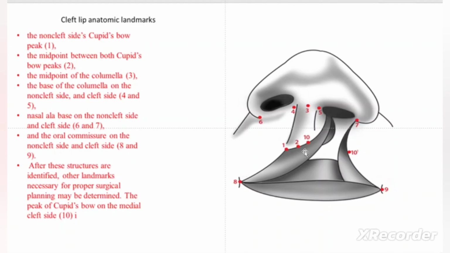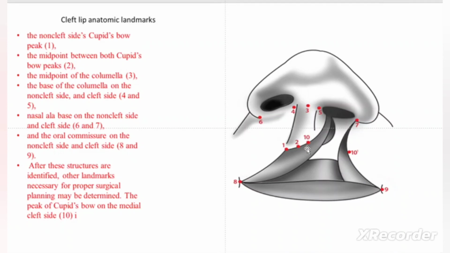The other point for marking 10 is where the vermilion and mucosa of the upper lip merge at one point on the cleft side. That also indicates number 10. And this is the cleft side filtral column. This filtral column also gives some projection at this point, that is also number 10.